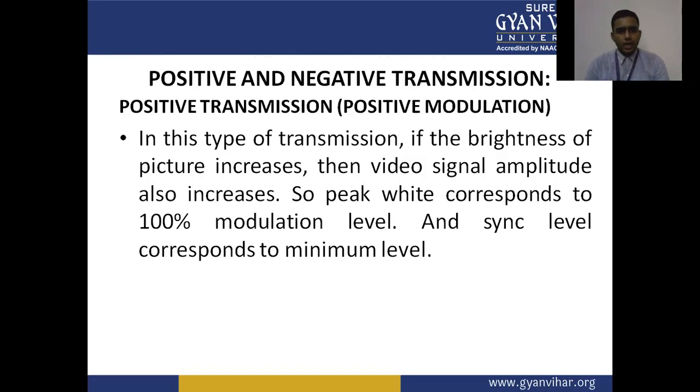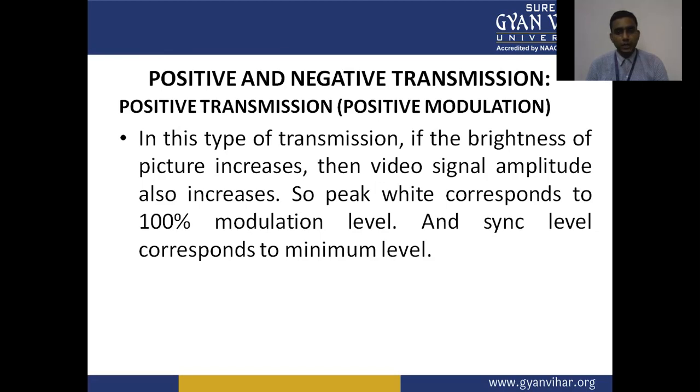Next, we have positive and negative transmission. How is positive and negative transmission possible in the TV transmission system? In positive transmission, if the brightness of the picture increases, then the video signal amplitude also increases.